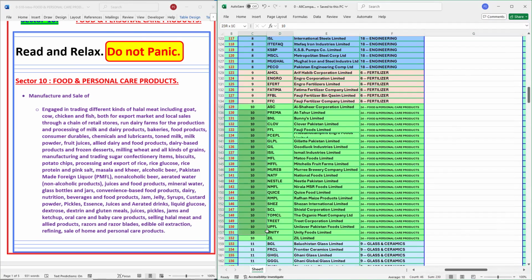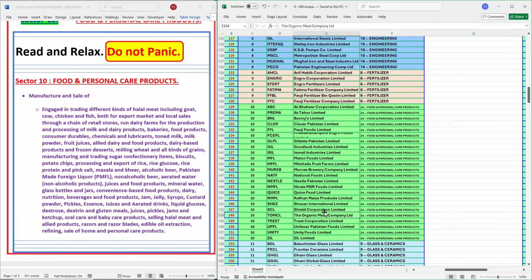This light green color, I've colored them. This is the sector we are talking about, okay? The number 24 that you see over here means how many companies are in that sector. That's what it's called, food and personal care products. These are the various companies and their symbols are right over here.